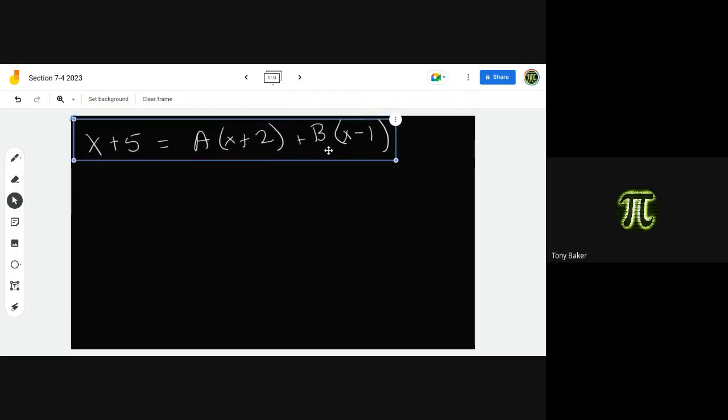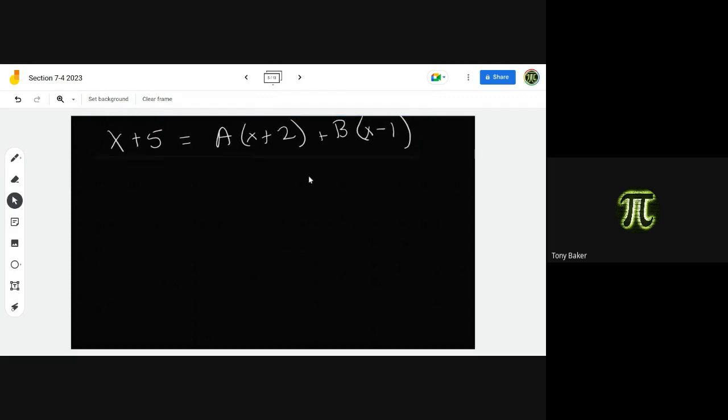I used to show this the hard way. The hard way always works. You can always do a system of equations, and it will always work for this. All right. However, there's another way that pretty much always works, which we're going to try.